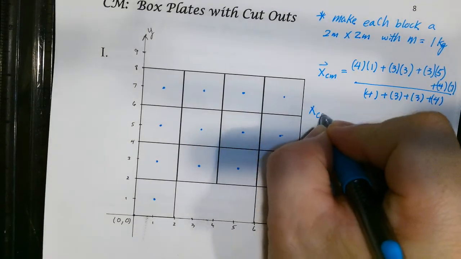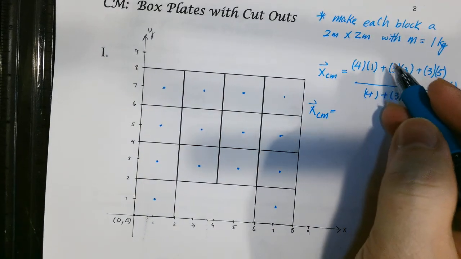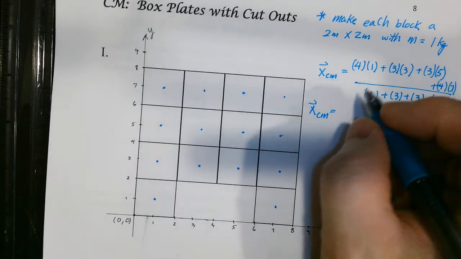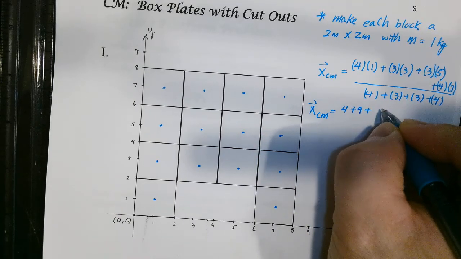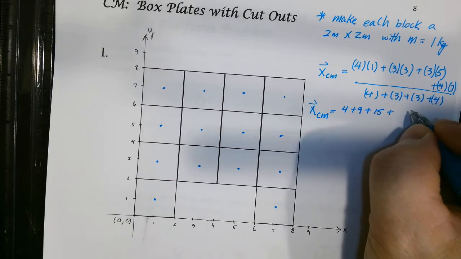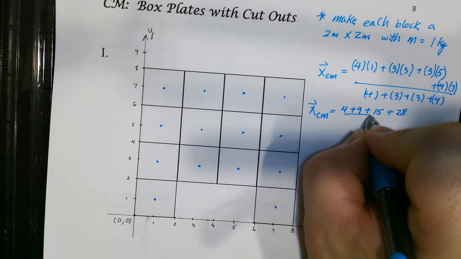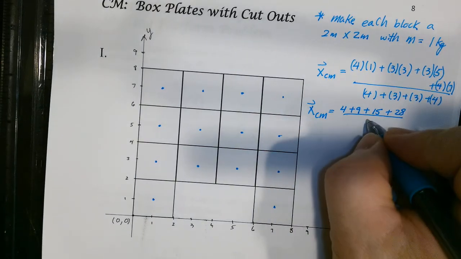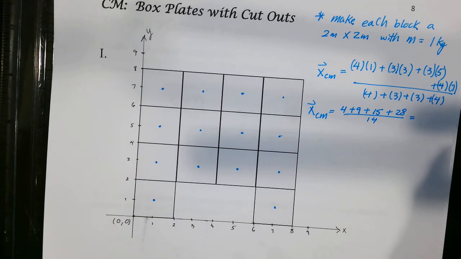So my x sub cm is equal to 4 plus 9 plus 15 plus 28, whole thing over 14. What is that equal to?